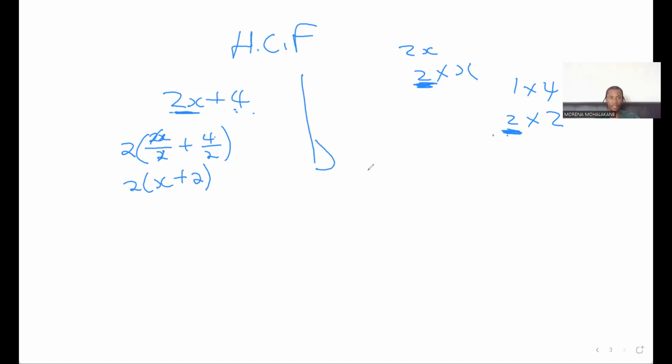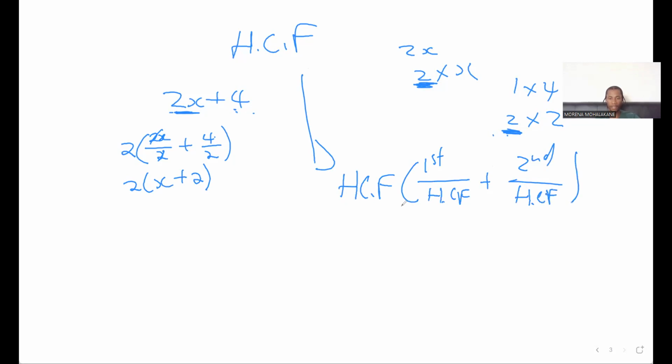So in definition, the highest common factor is going to be here, the first term all over the highest common factor plus the second term all over the highest common factor. This can be applied in all of them. Another example, 3x squared plus x. The highest common factor here is x.